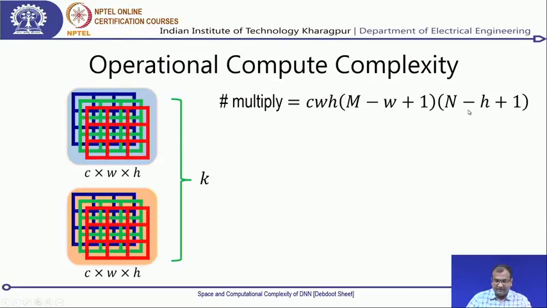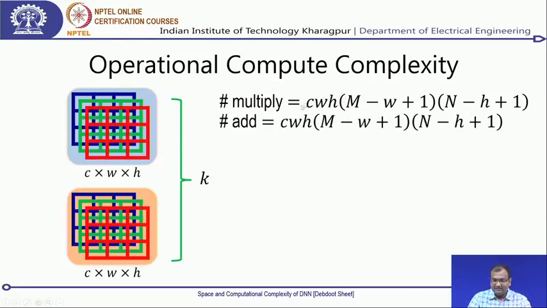Great. Now, if I look into my additions as well, when the kernel superposes, I will have C W H elements, the size of that array, and I am going to add all the elements. It requires C W H minus 1 additions. There is also a bias associated with each of these kernels, so for each kernel I will have C W H minus 1 plus 1, and I repeat that over the whole image.